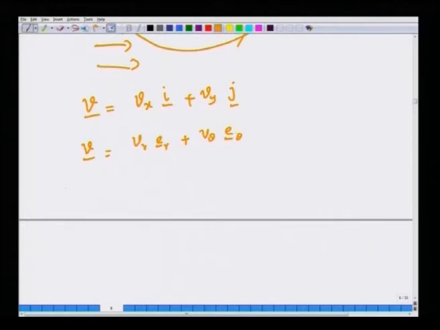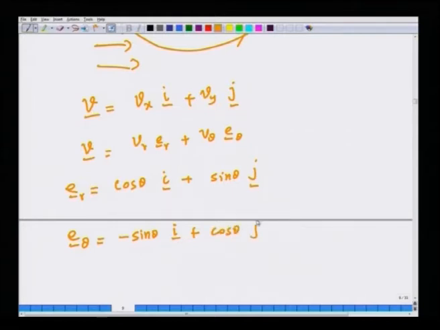But e r can be expressed in terms of i and j using geometry: cos theta times i plus sin theta times j, and e theta is nothing but minus sin theta times i plus cos theta times j.